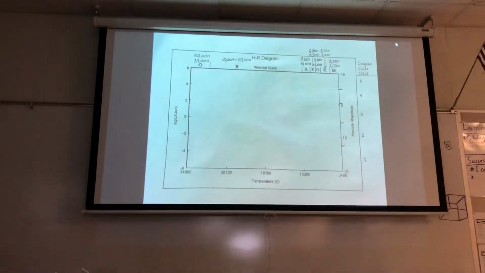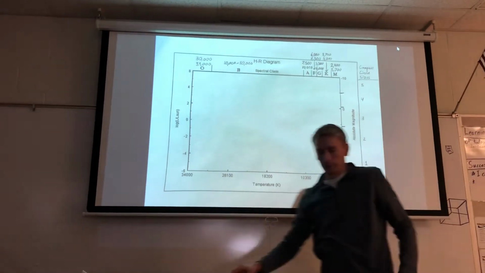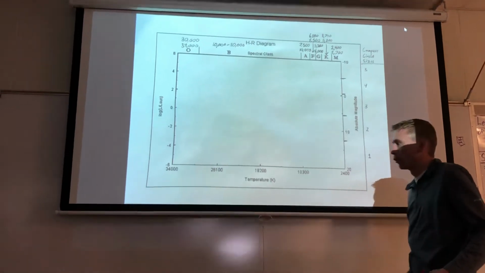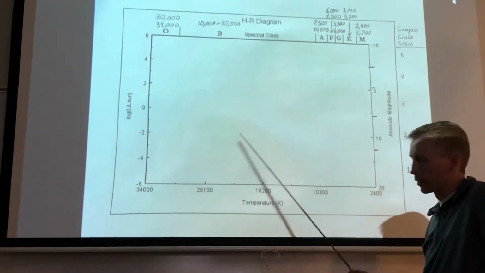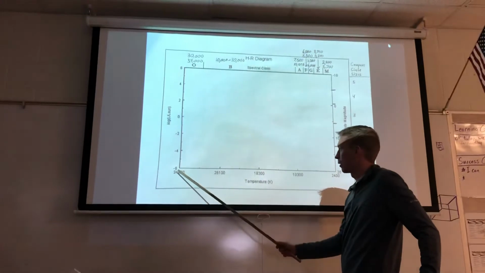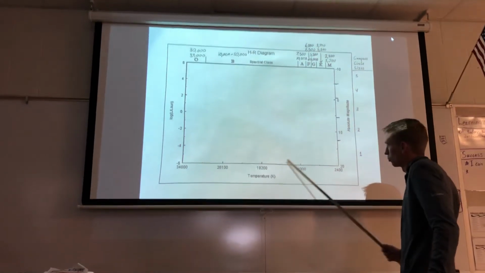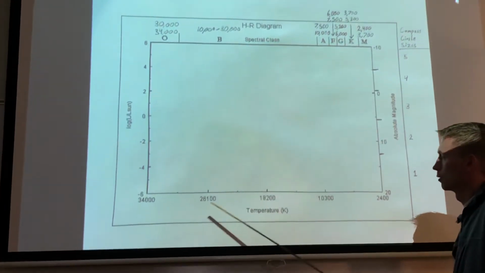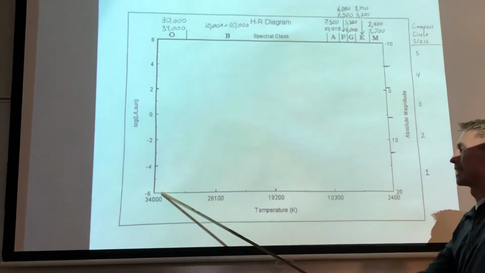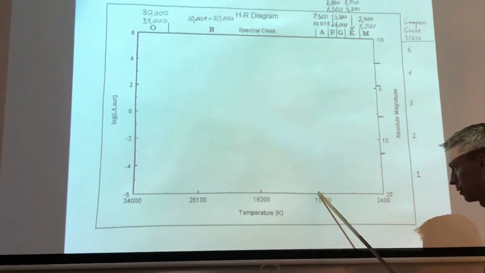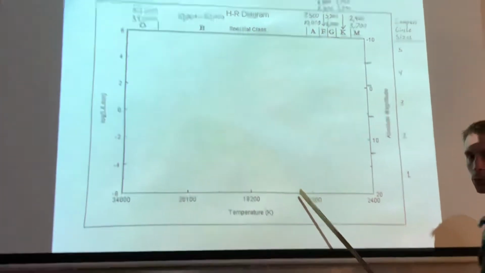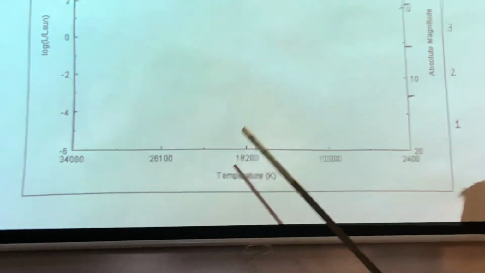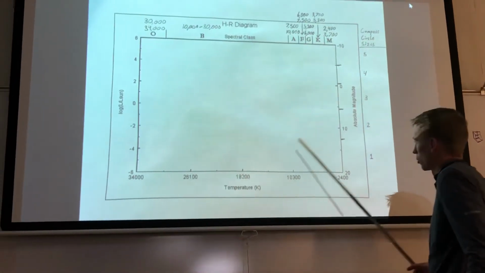Before I move on, I know this was the first thing I talked about on Monday. This chart is super weird. If I had made this chart, we no doubt would have had the temperature increase as you move to the right. But Hertzsprung and Russell, the guys who made this chart, decided to make the temperature decrease as you move to the right, which you can see in the numbers. That's super weird and hard to get used to, but make sure you're thinking about that when you're charting your stars.